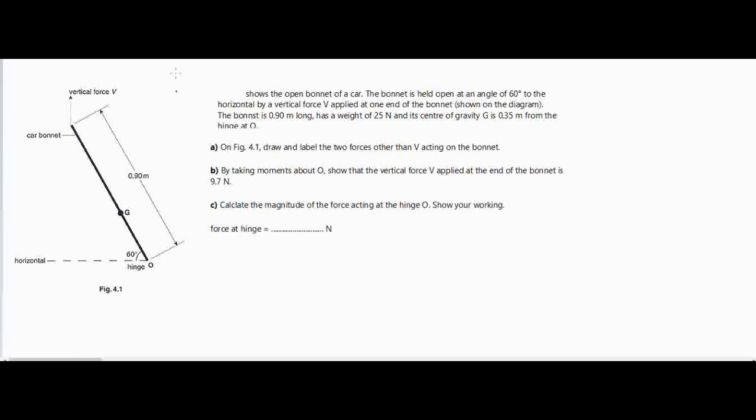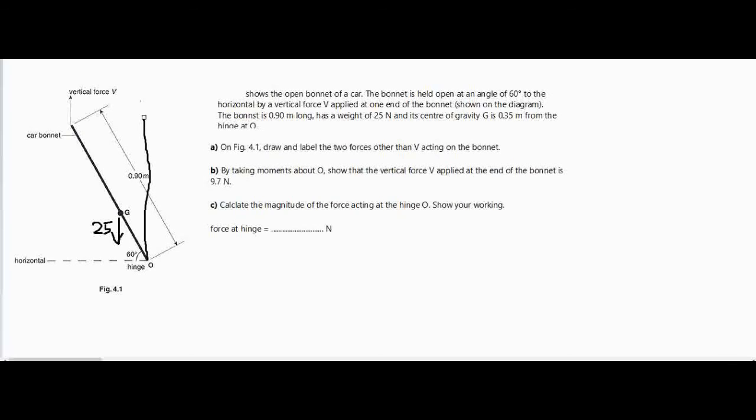So first thing, draw and label the two forces other than V acting on the bonnet. Now, one of them is at G, the center of gravity, and that would be acting downwards. Since the weight is 25 newtons, that would be acting downward with 25 newtons. And the other one is the horizontal component of this force.